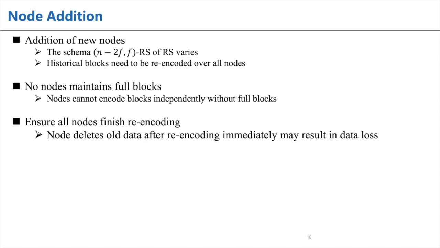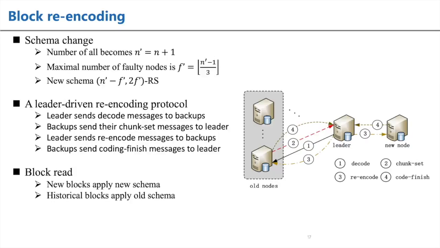This may result in unexpected loss of blocks during re-encoding. For instance, node Ni deletes block B when it finishes re-encoding, but other nodes have not synchronized B from Ni. Subsequently, block B becomes unavailable and cannot be recovered forever.